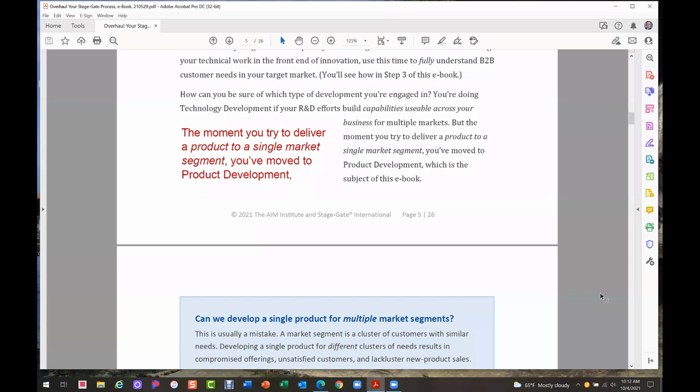Oh, I see what you're saying. So in other words, can you use blueprinting for the technology scouting? That's interesting. I have to think about that one a little bit. I'll tell you what you could do.